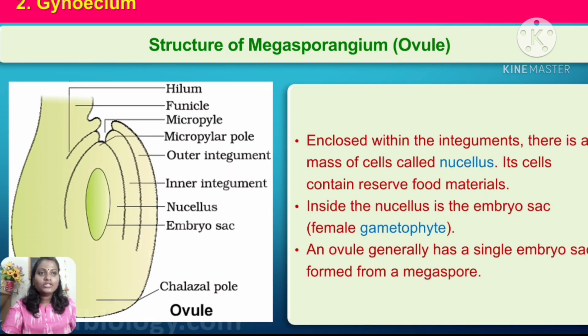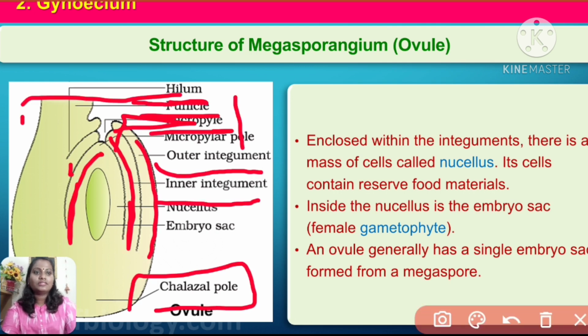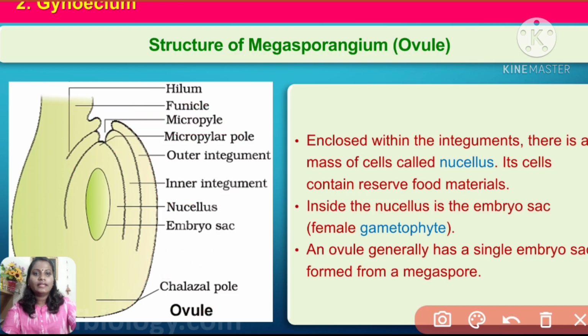Here, enclosed within the integuments, there is a mass of cells we call the nucellus. Next to the integuments you have the nucellus cells, you can see here.